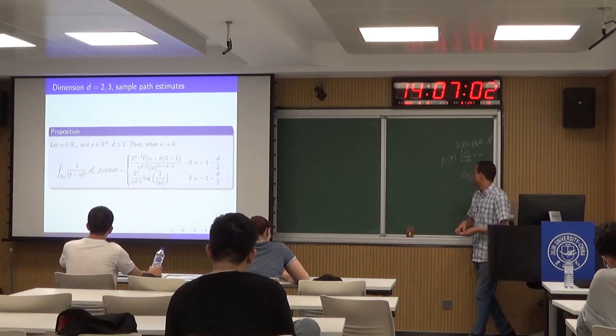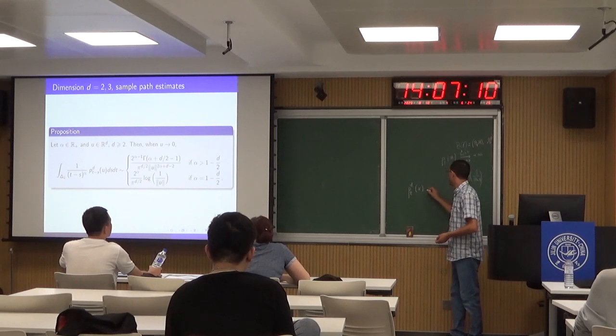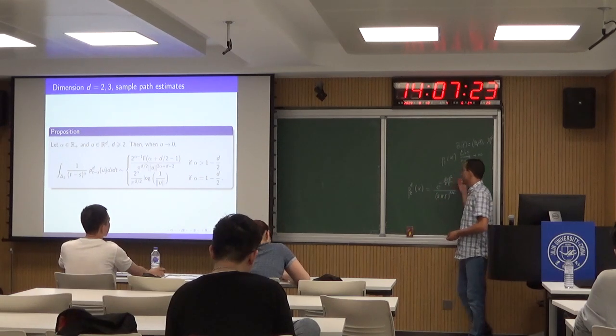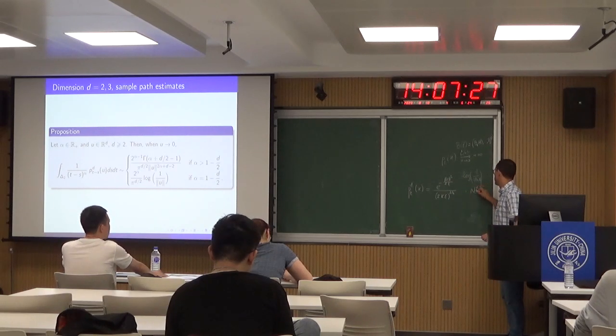I remind you that p_ε(x) in R^d is 1 over (2πε)^{d/2} times the density of the normal distribution with variance ε times the identity.